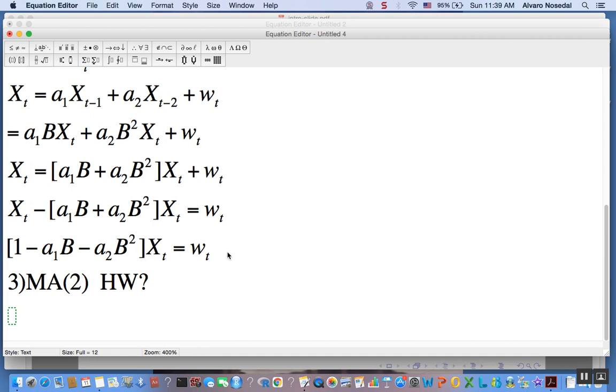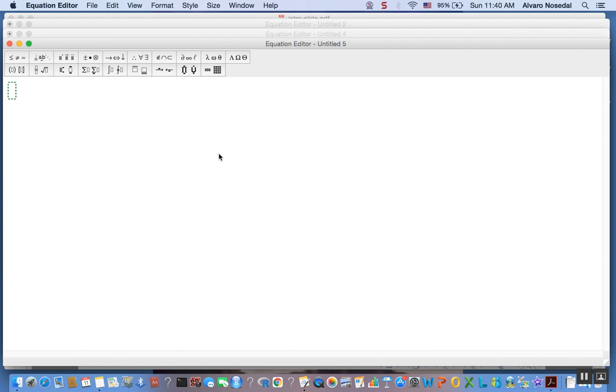So the next example is going to be slightly more complicated, but it's going to allow us to rewrite an autoregressive process of first order as a moving average. And that's, if you will, the ultimate goal of this video. Okay. So let's talk about a more complicated example of using the backward shift operator.